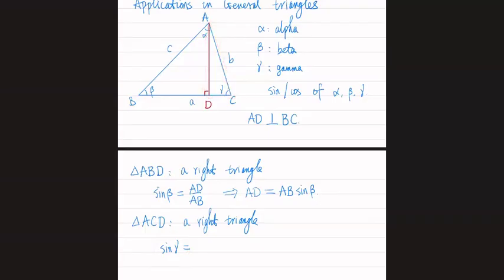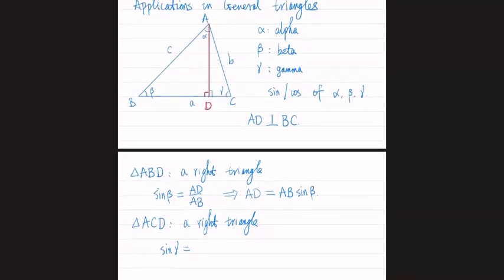We have a right angle over there, so sine gamma will be the ratio of the side facing gamma over the hypotenuse.